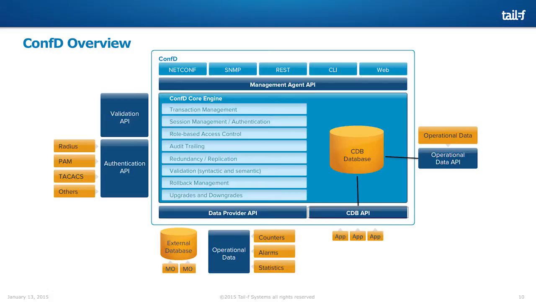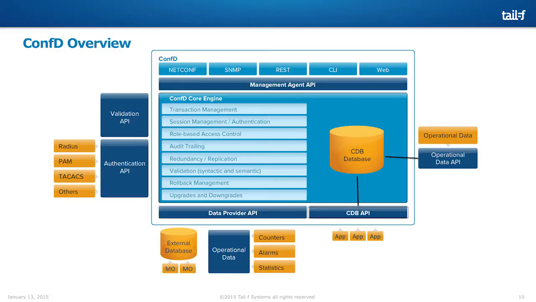There's also, for the database, the CDB API and the Operational Data API. These are used when your applications need to read configuration data from CDB, subscribe to configuration data change notifications to be told if configuration's changing, or you may also, through the Operational Data API, write operational data into CDB.